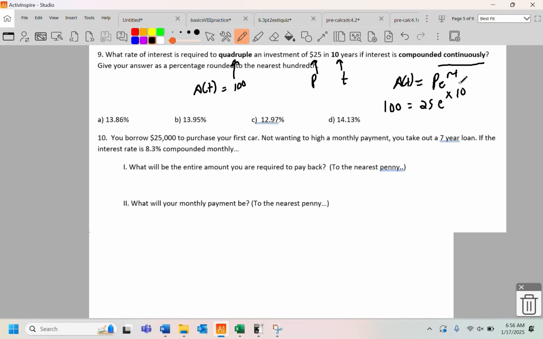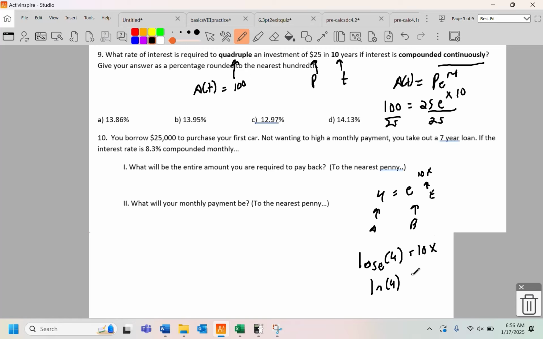Now, I'm going to do this two different ways because you can. You can divide out the 25, and that gives you 4 equals e to the 10x. You have a base, an exponent, and an argument. You can take the natural log, log base e, of 4 being equal to 10x, which is ln of 4, and then divide by 10.